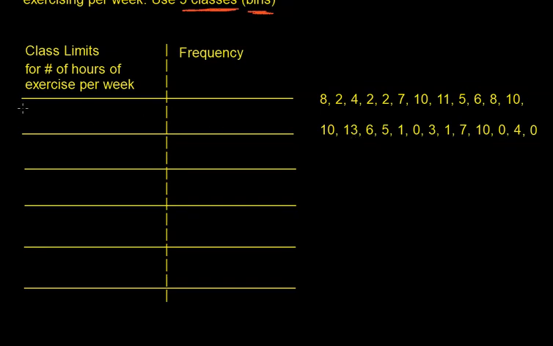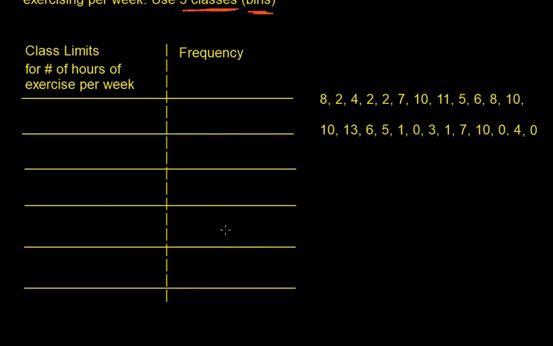Okay, so we're going to take all that from 0 to 13 and break it down into 5 different groups. So 5 different classes, 5 different bins, and then we're going to count how many data observations fit into each of those 5 bins. Okay, so we've got to break down that range from 0 to 13 into 5 different bins, and then count the frequency. And that's what a frequency distribution does.